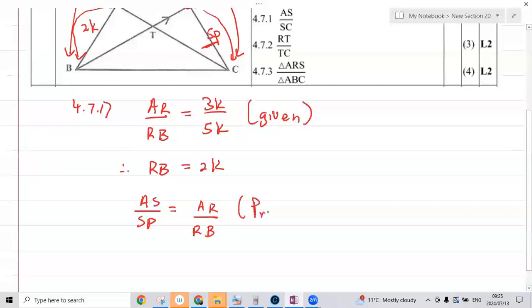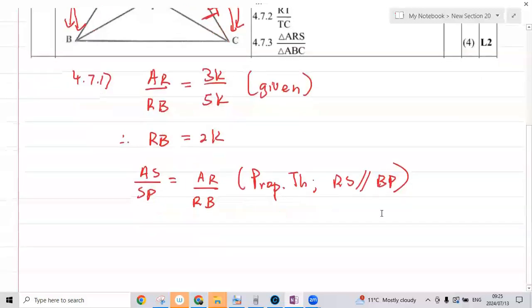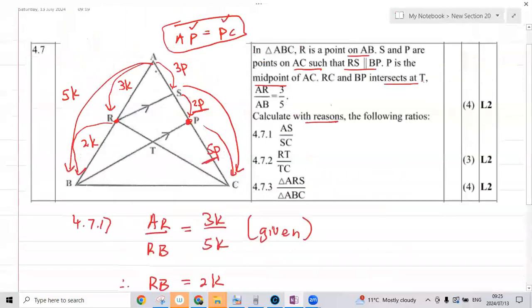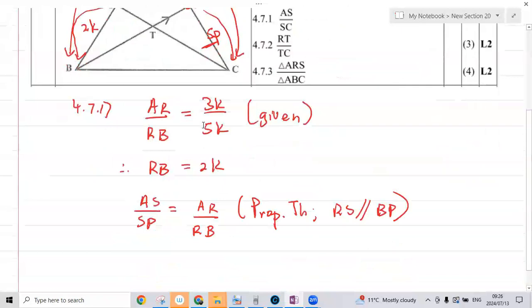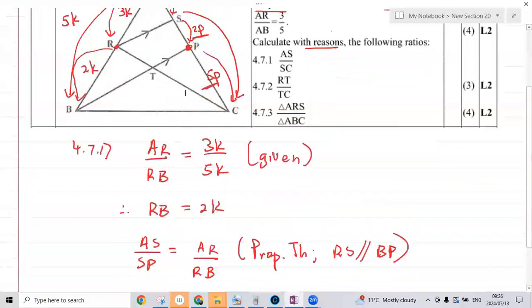Because the lines are parallel now, you can write down the prop theorem. And that is because RS is parallel to BP. And what did we call AR over RB? So we said AR over RB, we call it 3K, and RB is 2K. So therefore, we've got here now AS, and we've got SP. So let's have a look, we've got PC.